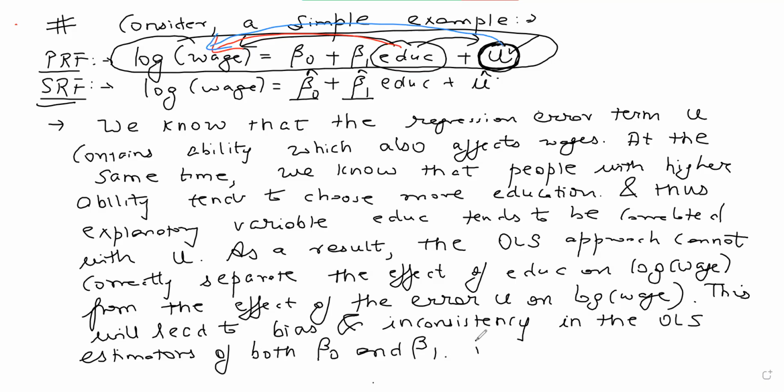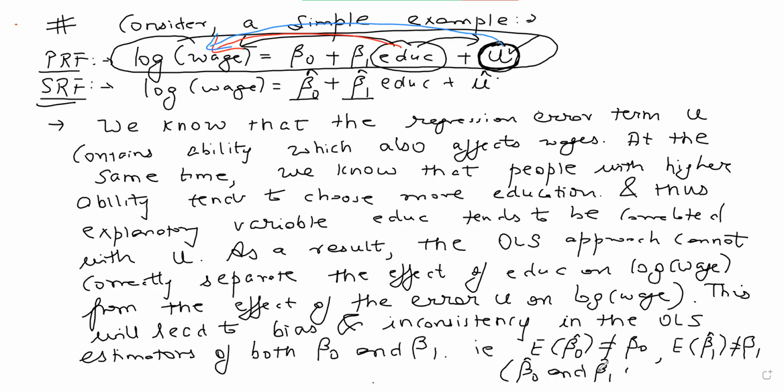Okay, that is, I can say expected value of beta naught hat will no longer be equal to beta naught. Expected value of beta 1 hat will no longer be equal to beta 1. That means beta naught hat and beta 1 hat will be biased now. In this example, beta naught hat and beta 1 hat will be biased.